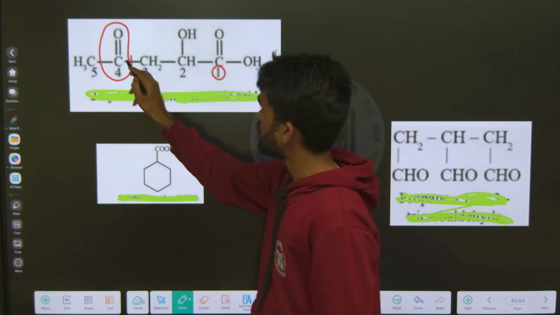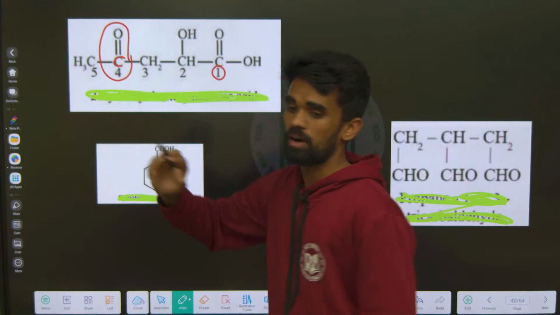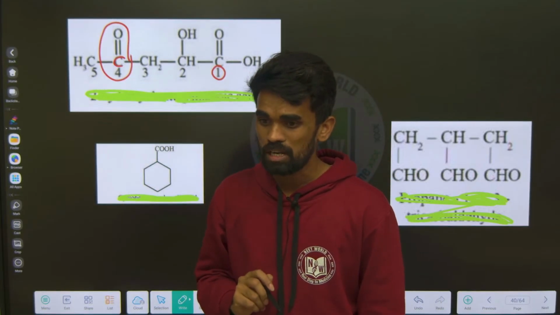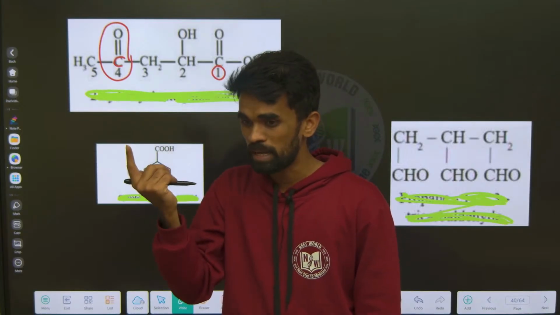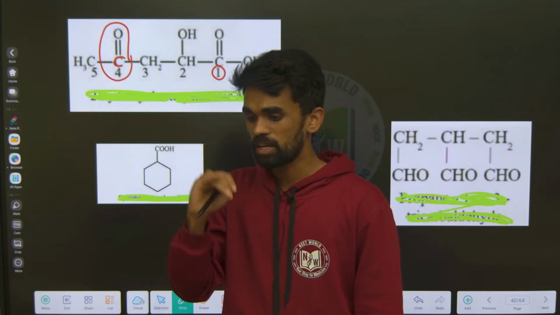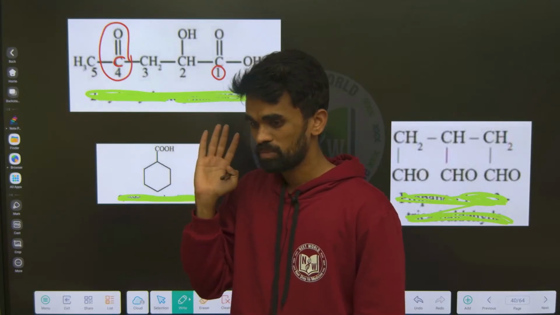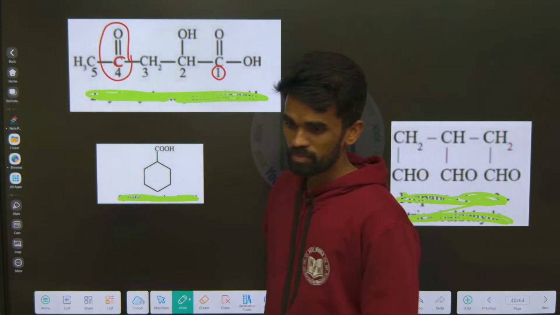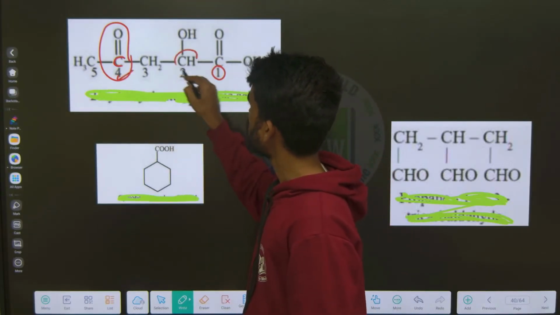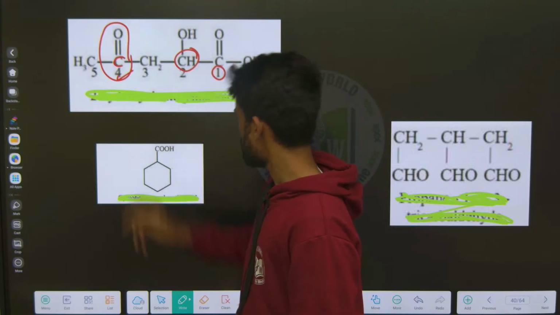When the ketone carbon is included in the parent chain, you should call it oxo. If it is not in the parent chain, you call it keto. Now tell me: 4-oxo, 2-hydroxy, pentanoic acid.